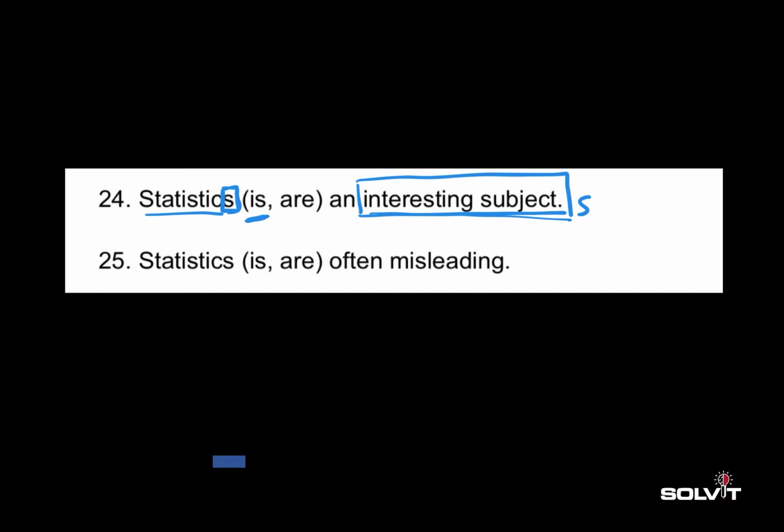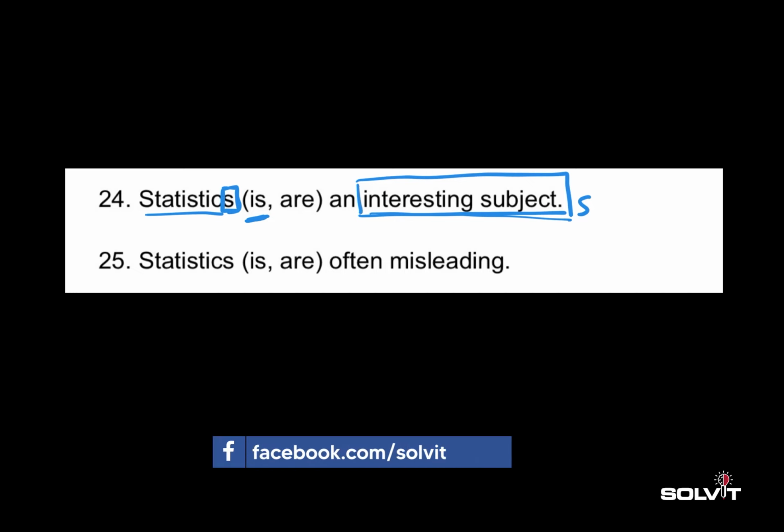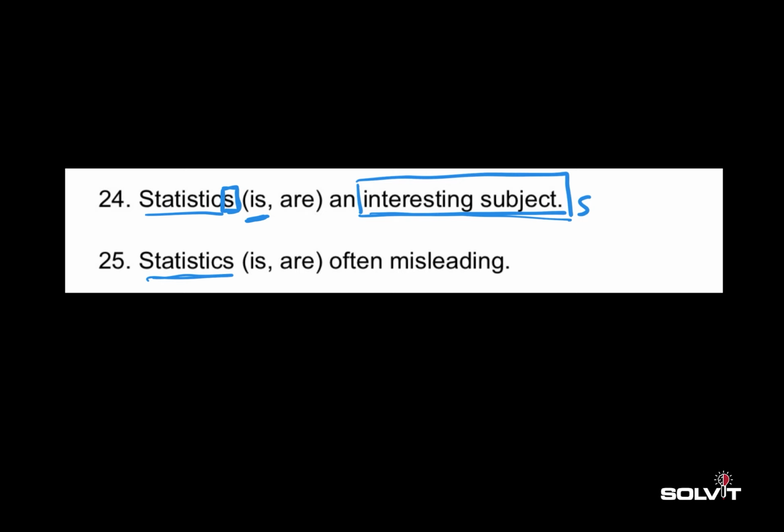Now, question number 25 also has the word statistics in it. But look, it's being used in a different context over here. Statistics dash often misleading. Now, are we talking about the same statistics as we did in question 24? No, we're not, because in question 24, we were talking about statistics as a subject.